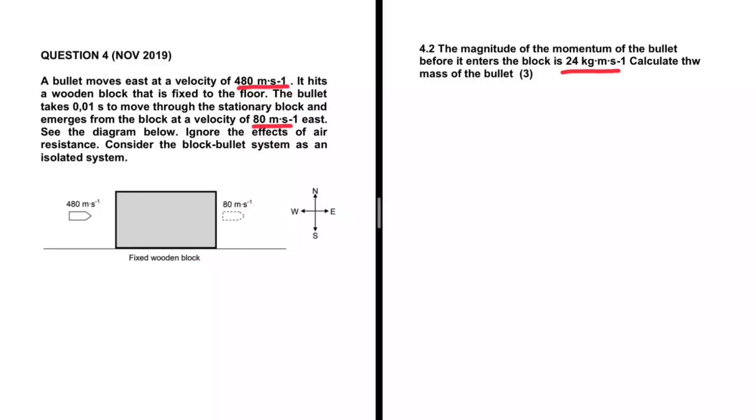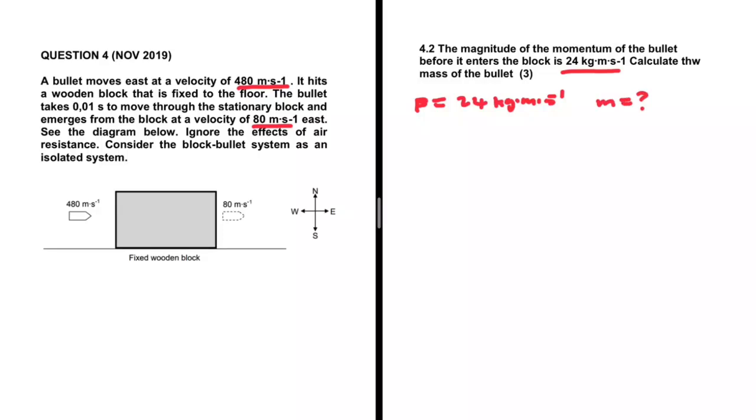Alright, so again, let's take a look at our equation. The magnitude of the momentum of the bullet before it enters the block is 24 kg meters per second. So we have the momentum, or at least the magnitude of the momentum, being 24 kg meters per second. Calculate the mass of the bullet. So we have the momentum. We want to find the mass of the bullet.